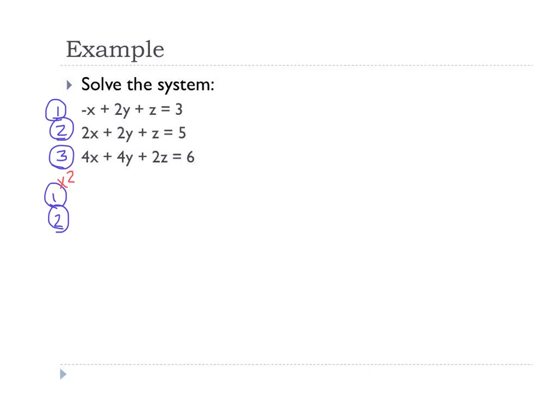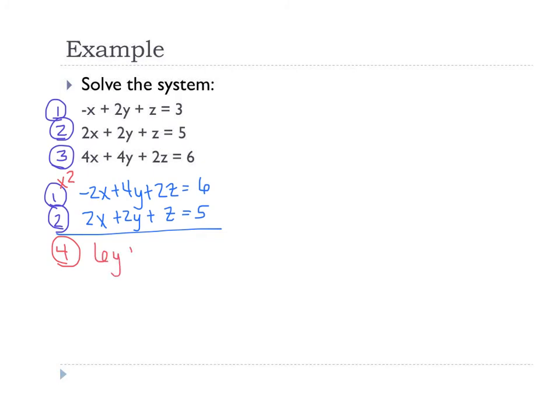So that's going to look like negative 2x plus 4y plus 2z equals 6. Make sure you multiply all the way across. And 2x plus 2y plus z equals 5. Add those together to get equation 4, which is 6y plus 3z equals 11.